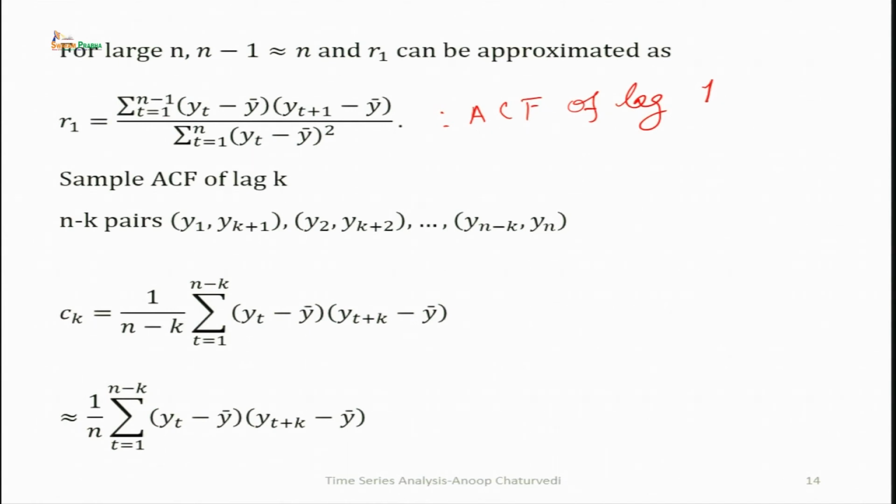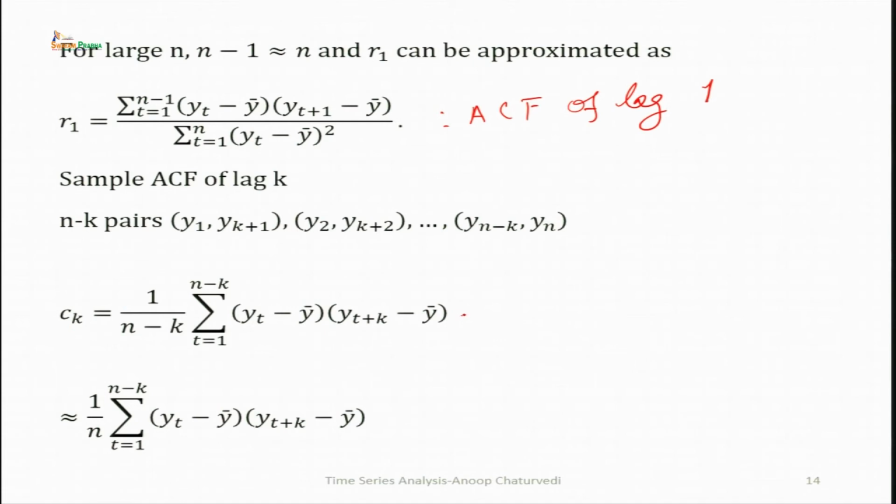So, you have n minus k pairs, the lag between yk plus 1 and y1 is k, lag between yk plus 2 and y2 is k, and so on. Then we define ck.